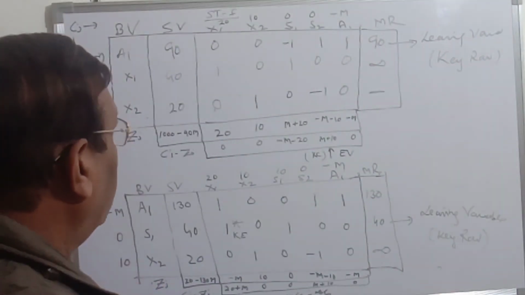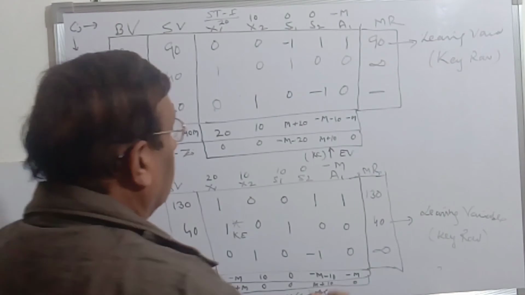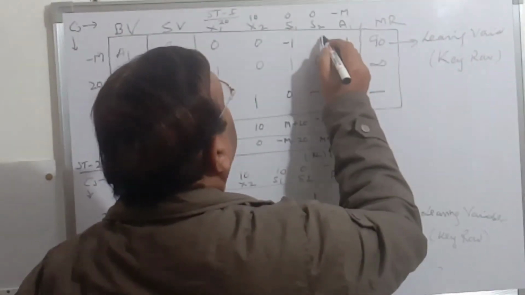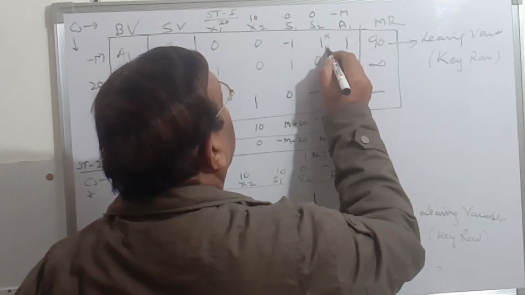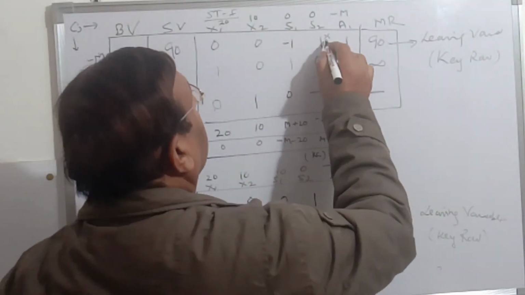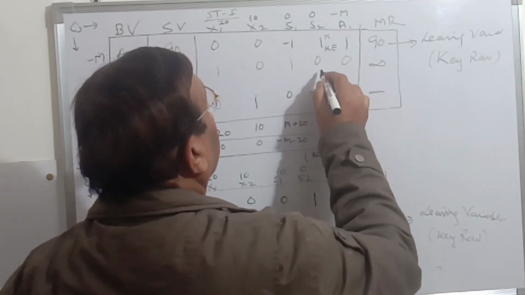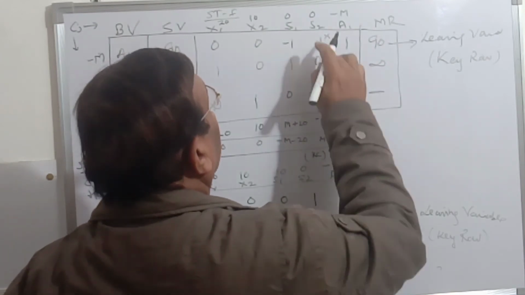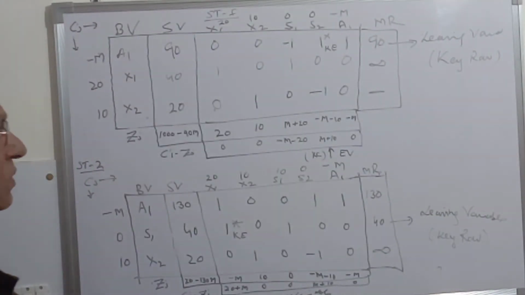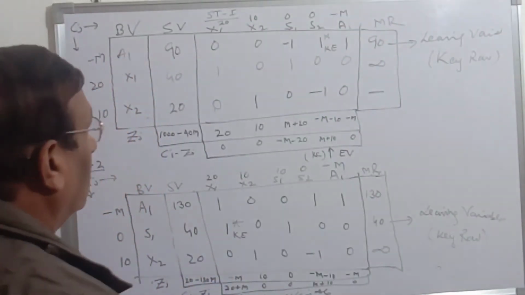Now the element lying at the intersection of key column and key row is the key element. This is key element. Making key element as 1, this is 1, and other element as 0. This is 0, but this is not 0. You have to add this row with this row. Then you will get 0 over here.